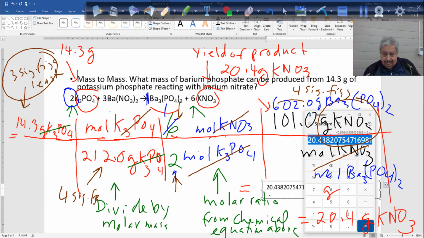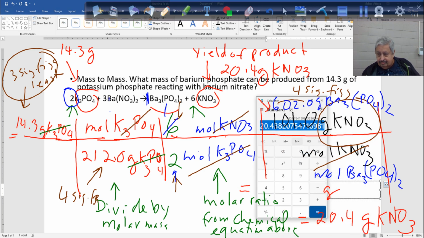So let's see how much it is. I have here, let's take it out. 14.3 multiplied by 1, of course, multiplied by 602. 602 is this amount, divided by 1, 2.